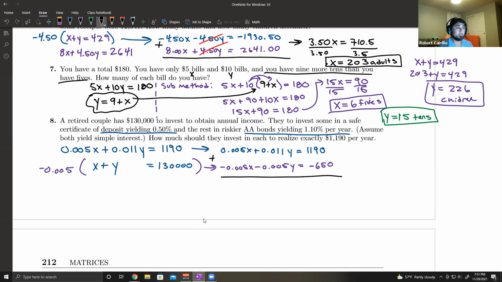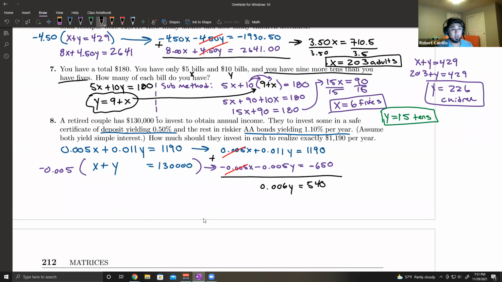Add these two together. My x's cancel. And then 0.011 minus 0.005 is going to give me 0.006y. And then 1190 minus 650 gives me 540.